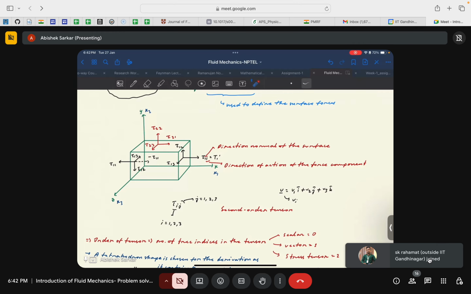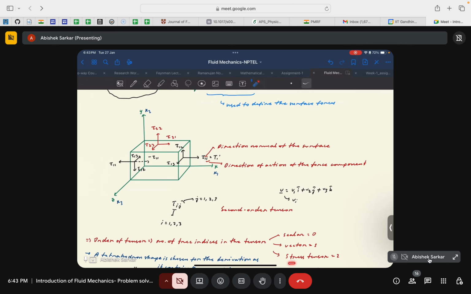Because stress in general is a second order tensor. Again, as mentioned by Prof. Chakraborty, we will not dive deep into the tensor analysis, which is beyond the scope of this course. But we need to understand that a first order tensor would basically be a vector, which is given by, say, the normal vector n cap.